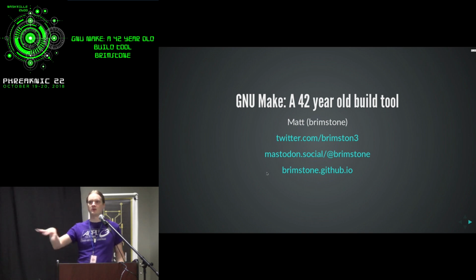If you had a serial port on an Arduino that you wanted to talk to, you don't really have a good way to say when the firmware was last updated on the Arduino itself. I built it at one point, but when was it updated over there? I don't know. So maybe you just use a phony target and say I'm going to flash it anyway regardless. The code smell is when all or the majority of your targets are phony targets, then maybe Make isn't the tool you should be using for this.